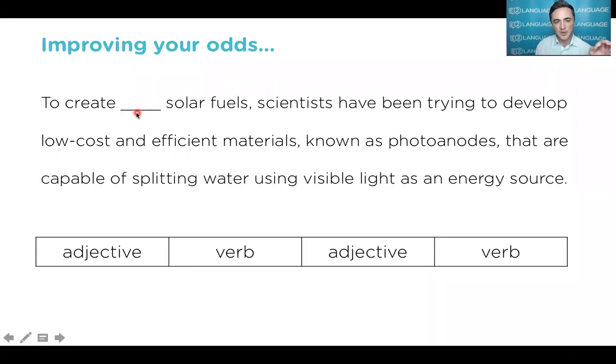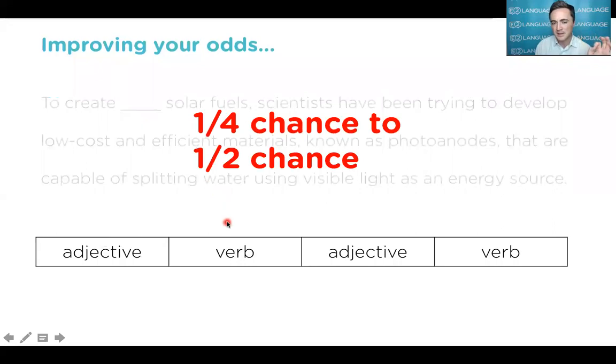So we see a gap, right? And we've got two possible word types that can go into this gap. We can put an adjective in here, or we can put a verb in here. So if you know what type, there's only one type of word that can fit here. If you don't know, you have a 1 in 4 chance, because there are 4 different words here.